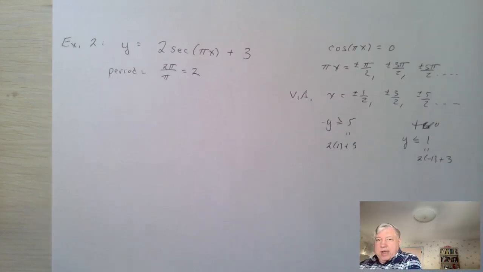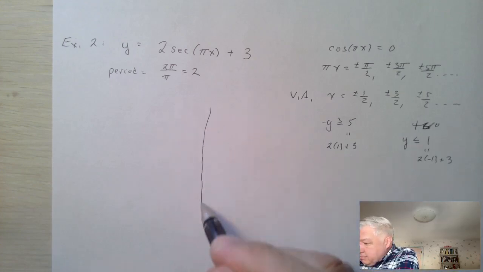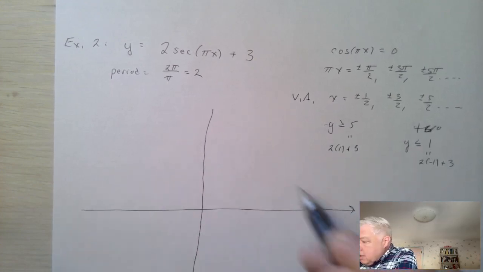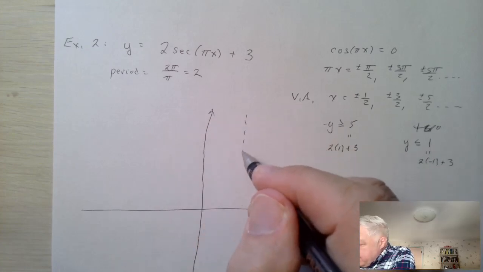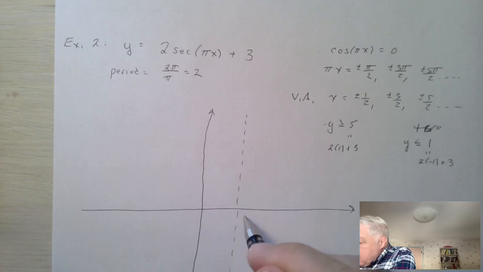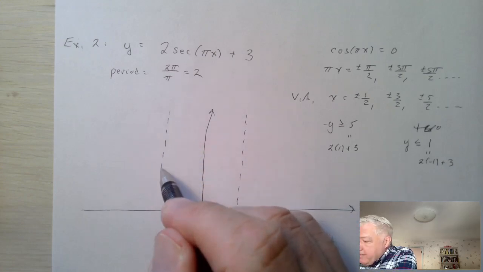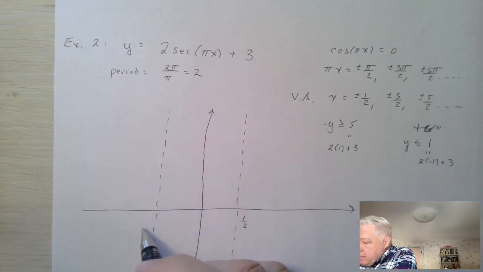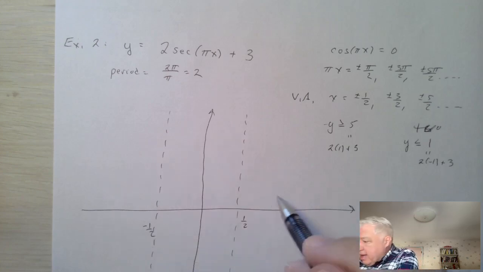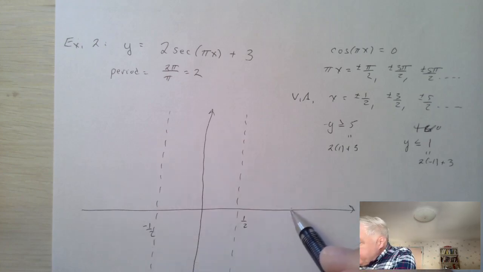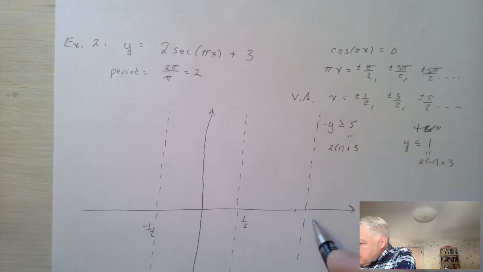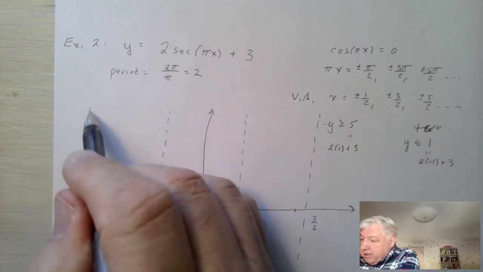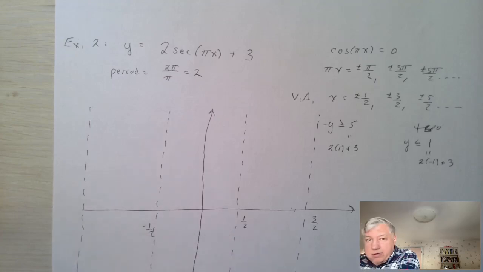So now we can go ahead and plot this. Let's draw the asymptotes first. Here's 1/2, -1/2, 3/2, and if we wanted to include -3/2 over here, we can.